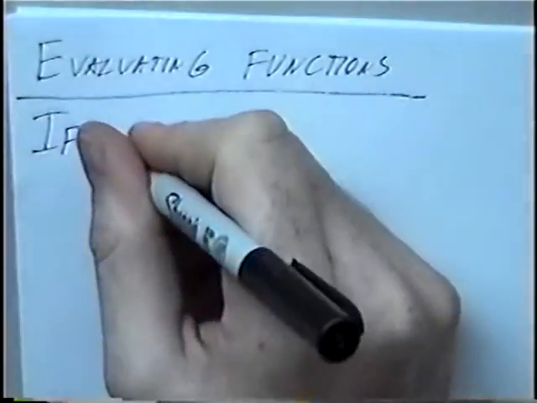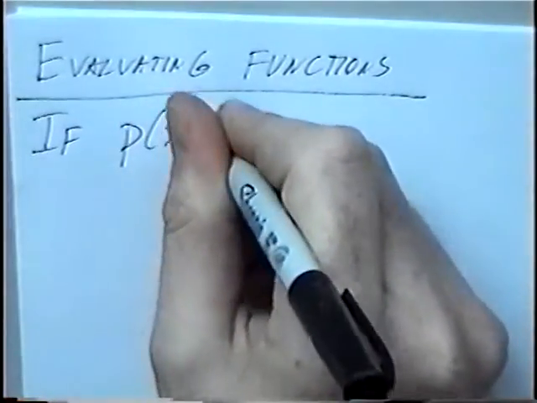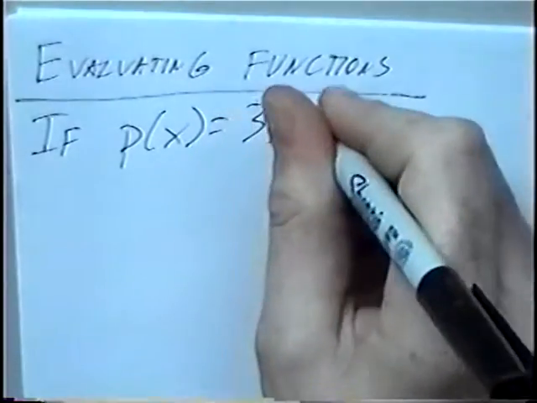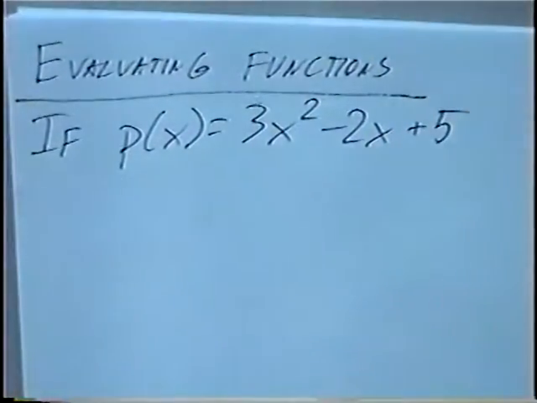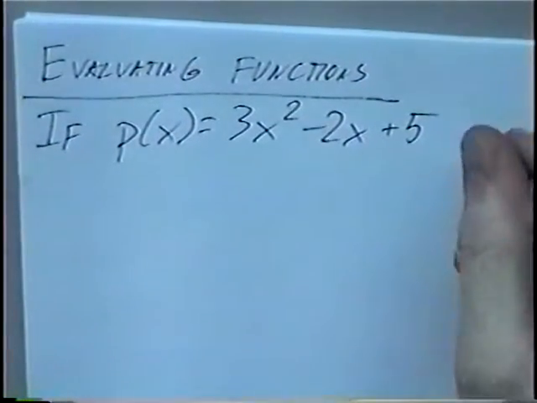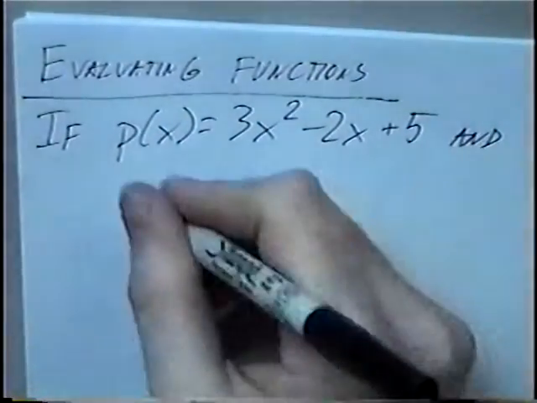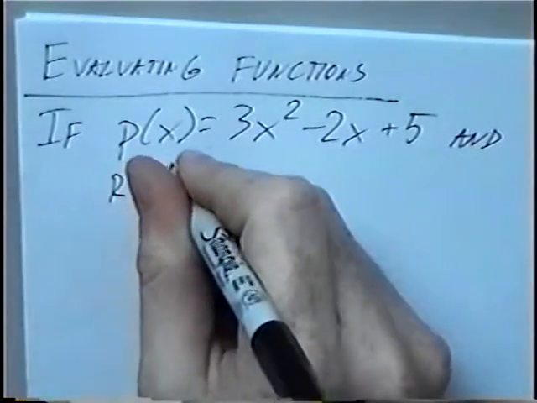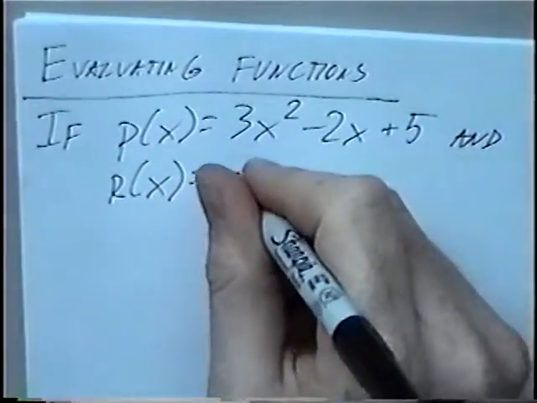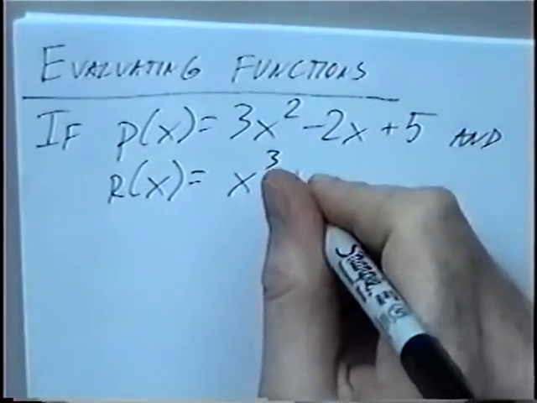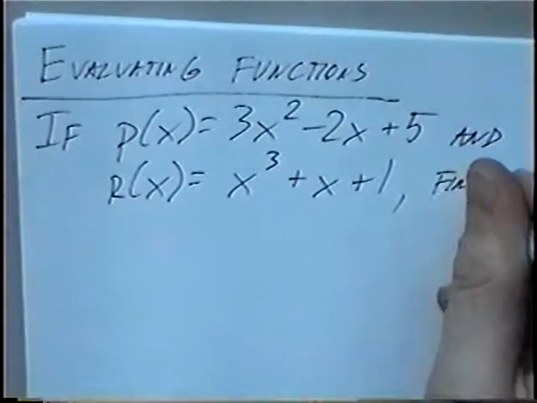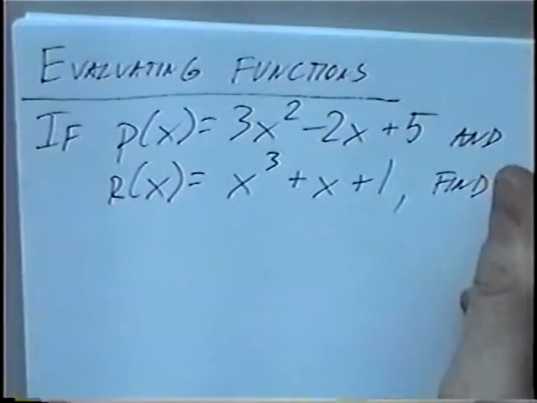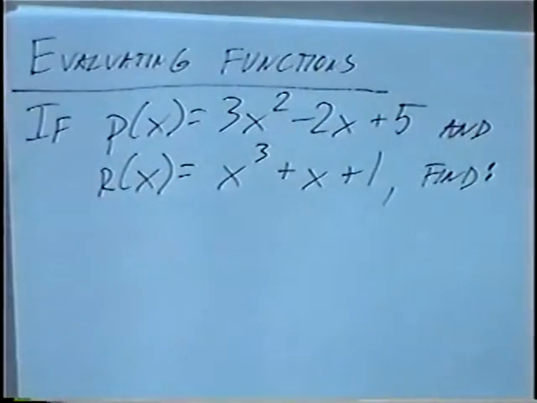First question, if p of x equals 3x squared minus 2x plus 5 and r of x equals x cubed plus x plus 1, find the following numbers.